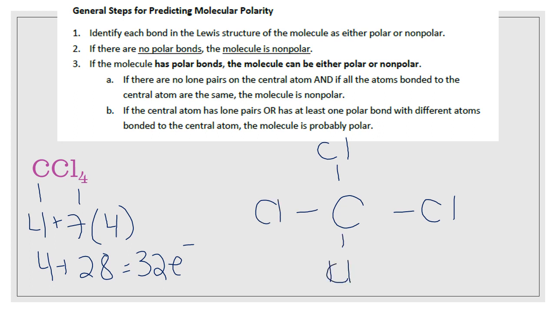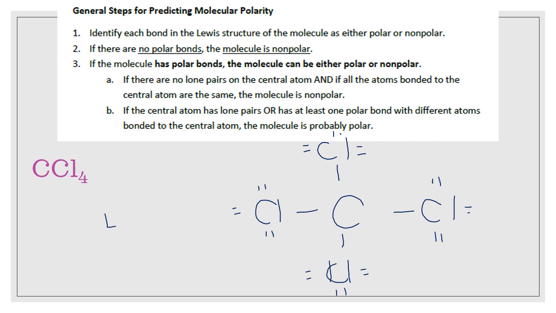I've used 4 pairs, 5, 6, 7, 8, 9, 10, 11, 12, 13, 14, 15, 16. I've used all 16 pairs. Everything has 8 electrons. My Lewis structure is correct.